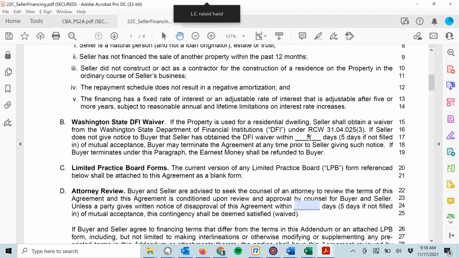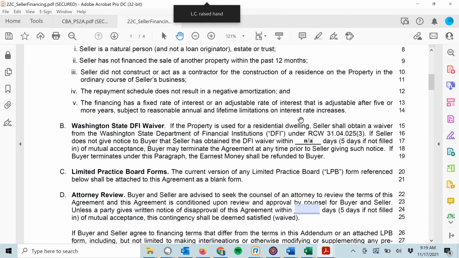And Laine, in your case, it's not residential, right? So you're going to say NA, but I see you raised your hand. What do you got? So this particular building is zoned commercial. It has an unfinished residential upstairs unit that the buyer will likely convert or finish into residential space.